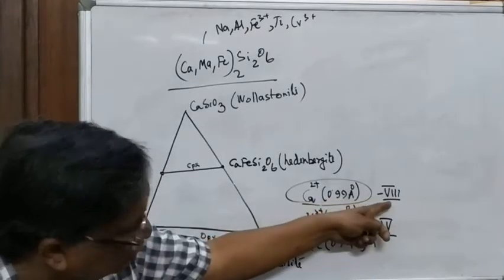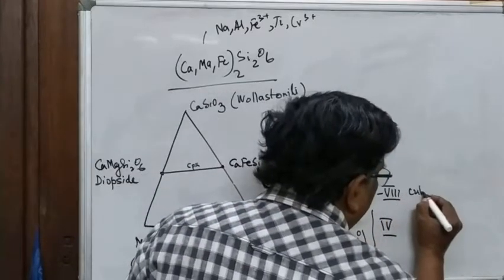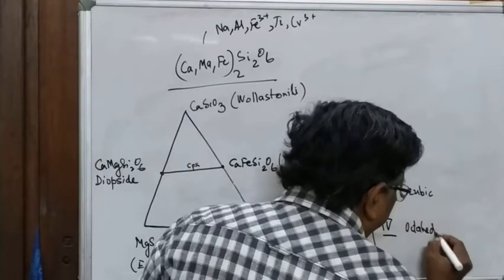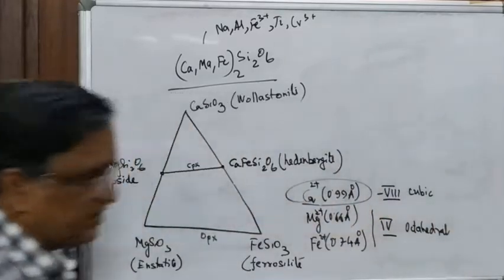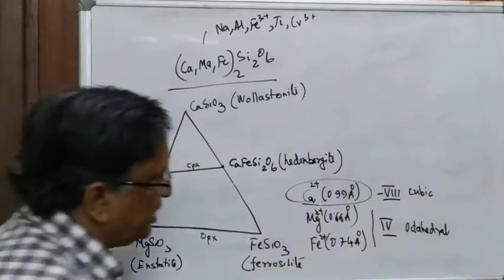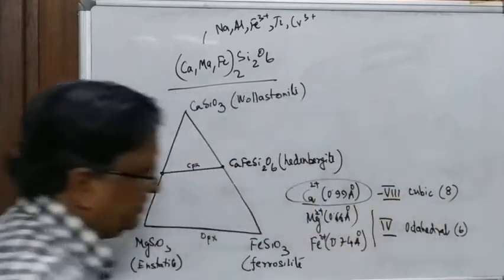This is called the cubic site, and this is called the octahedral site, which means coordination number 6. The coordination number here is 6, the coordination number here is 8.